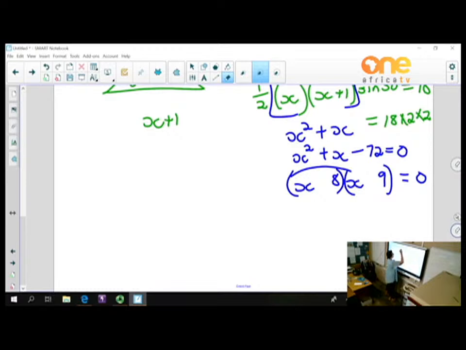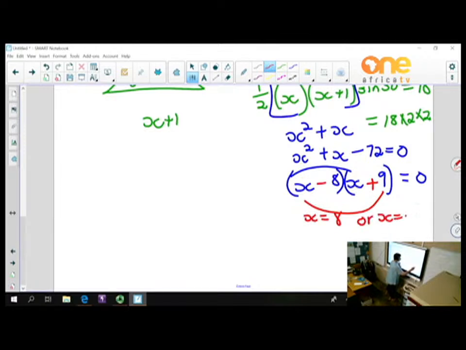Signs differ. The biggest combination is positive. This is the biggest one, and this one is negative. So x is equal to 8, or x is equal to negative 9. And now you have to make a choice, and which one will we choose? This one, because the length of a triangle cannot be a negative value.